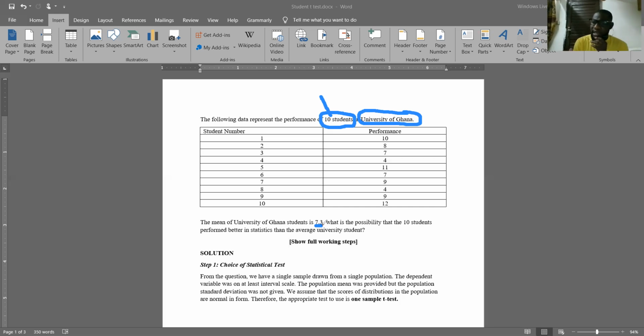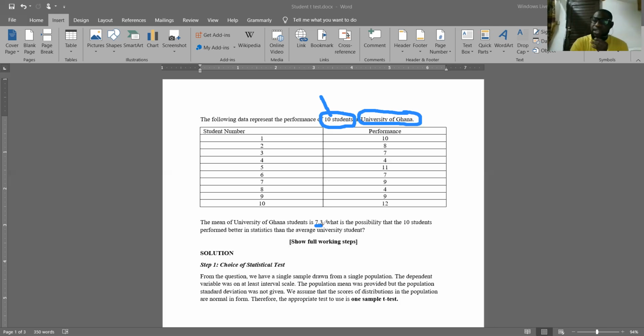But when you read further, they didn't state the population standard deviation in the question, signaling to you that you have to use one sample t-test to solve this question. Then they went further to pose a question: what is the possibility that 10 students perform better in statistics than the average university student? This is also a clue that they are comparing a sample to a population.